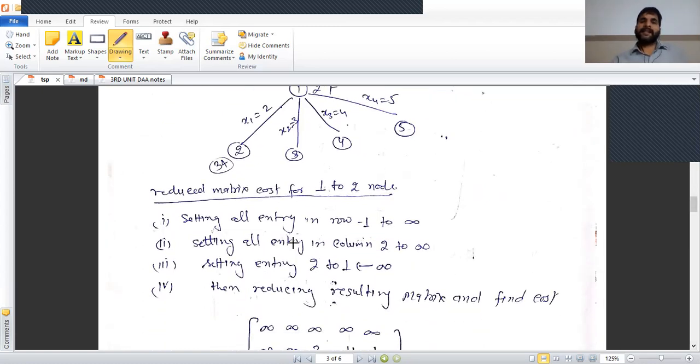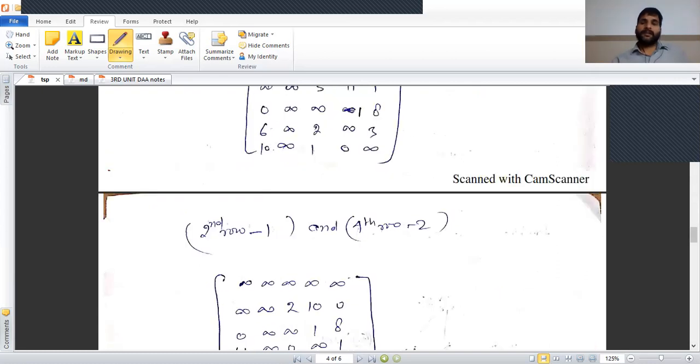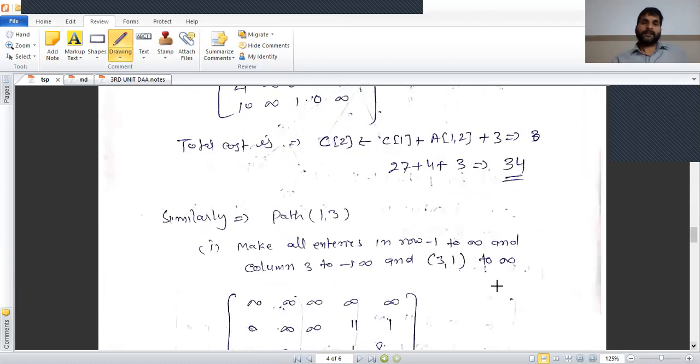If we choose the path 1 to 2, then the reduced matrix cost for the 1 to 2 node works like this: setting all entries in row 1 to infinity according to the algorithm, setting all entries in column 2 to infinity because we travel from 1 to 2, and setting entry 2 to 1 equal to infinity, then reducing the resulting matrix and finding the cost.